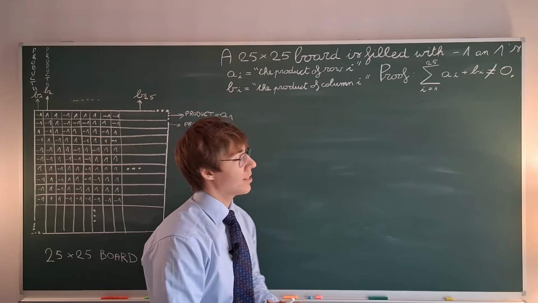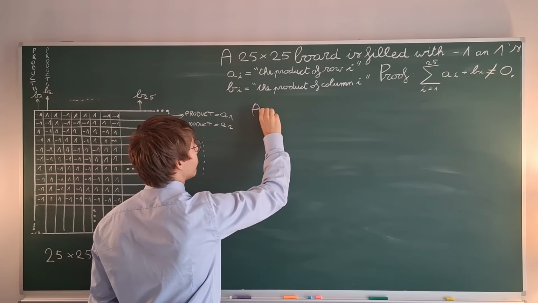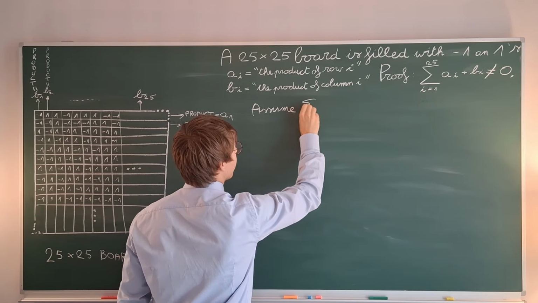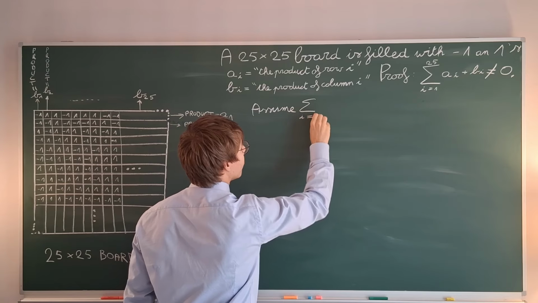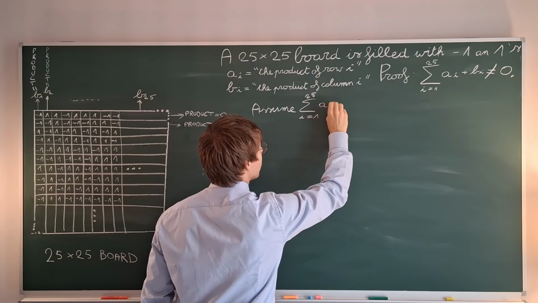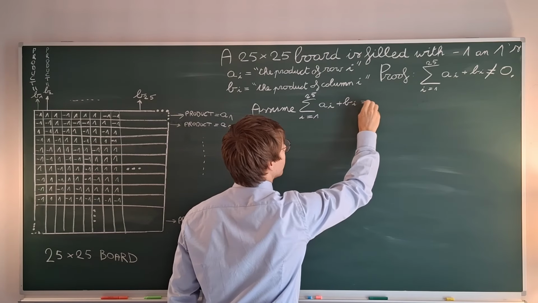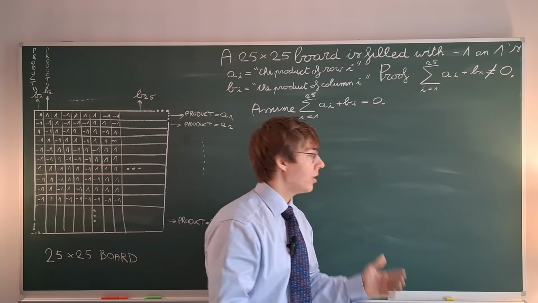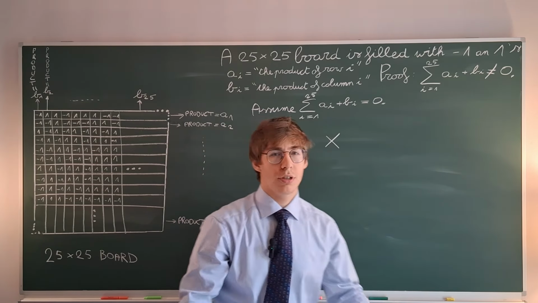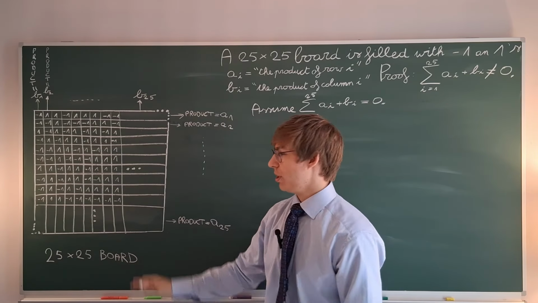So let's prove that by contradiction. So let's assume that the sum is equal to 0. Now, let X be the product of all the elements in this 25 by 25 board.